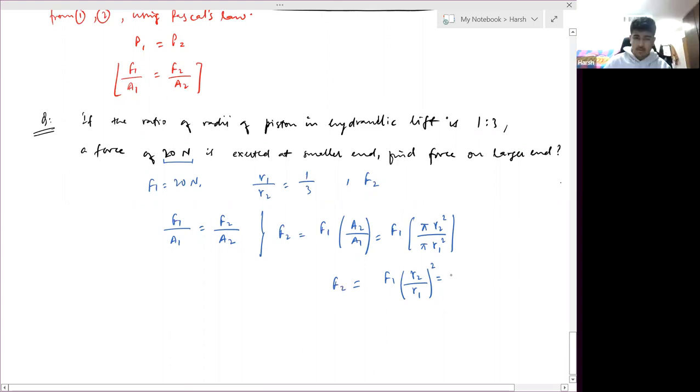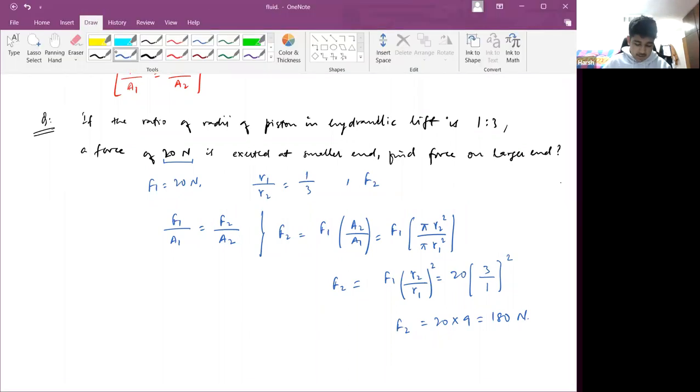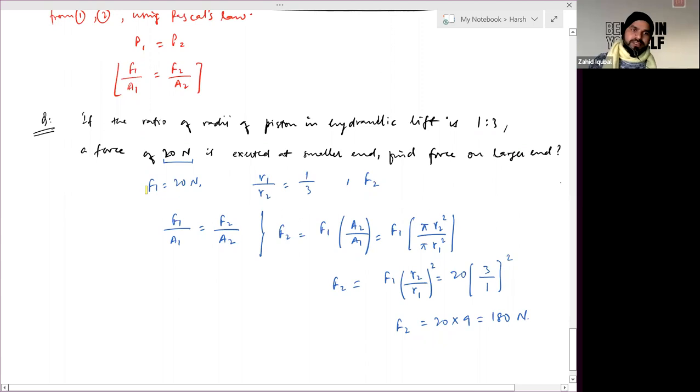So you're left with R2 divided by R1 whole square. F1 is 20, and R2 divided by R1 is 3 by 1, whole square. So it will become 20 times the square of 3, which is 9. So it will give you 180 Newton as F2. Now just compare these two forces.